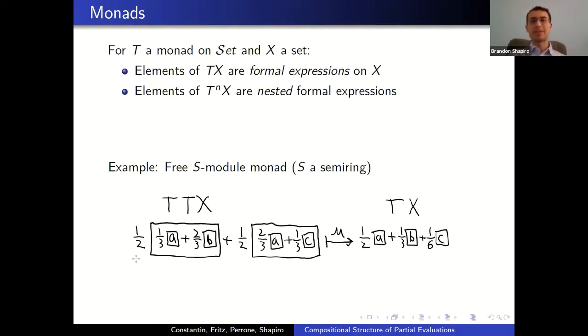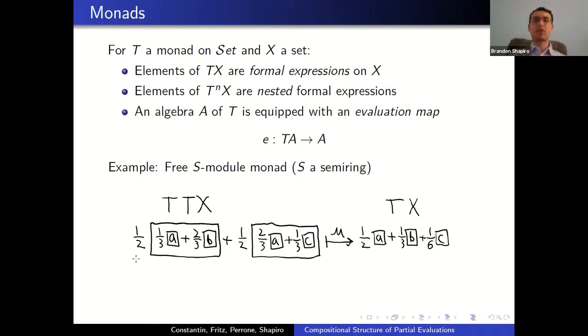So all we really need is a semiring, and we can drop the condition that they have to add up to 1. You could then reinterpret these expressions, as we see on the screen now, as those for free S-modules, where S is perhaps the positive real numbers.